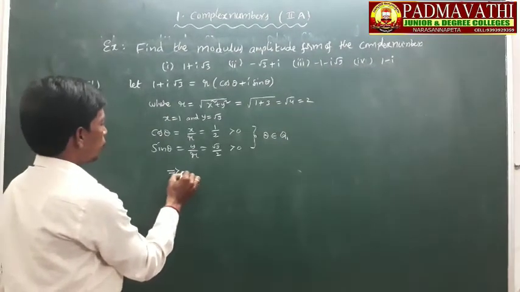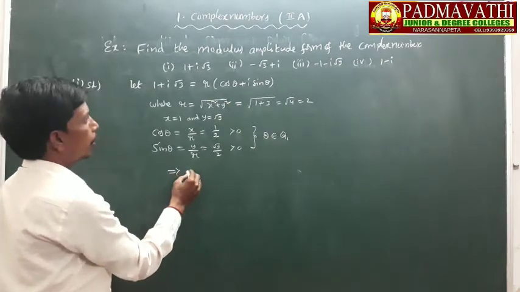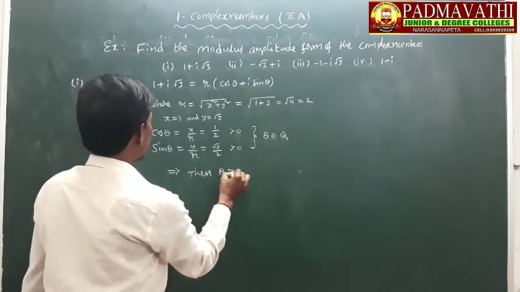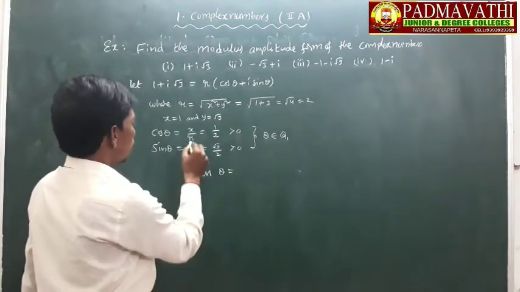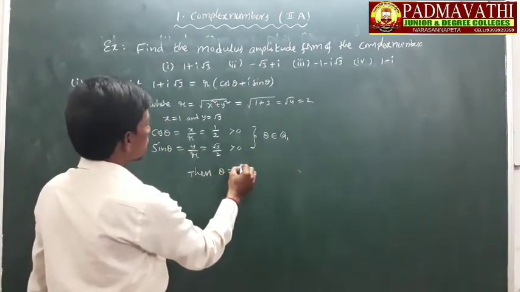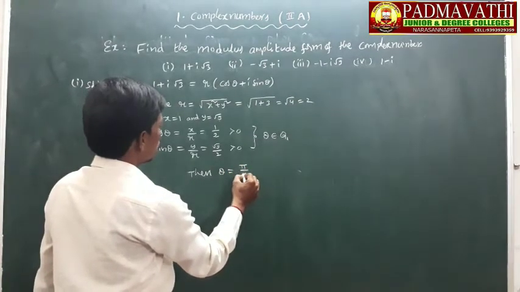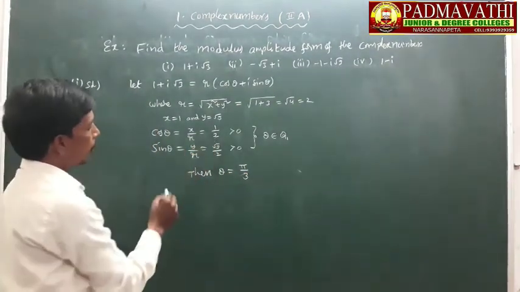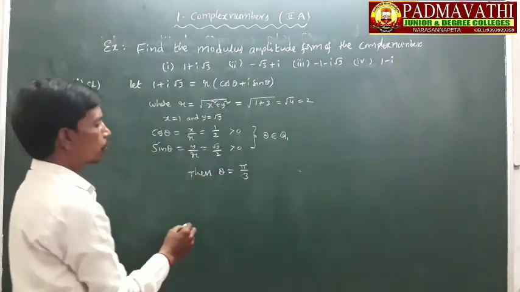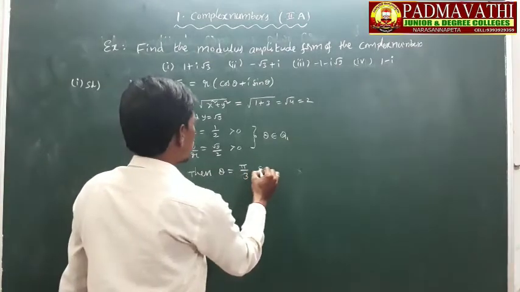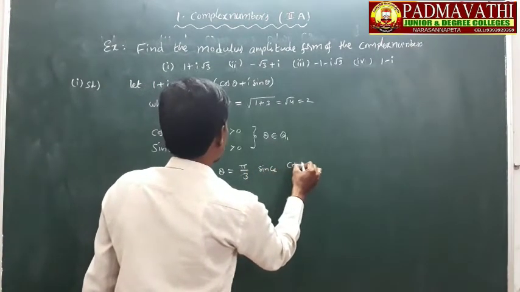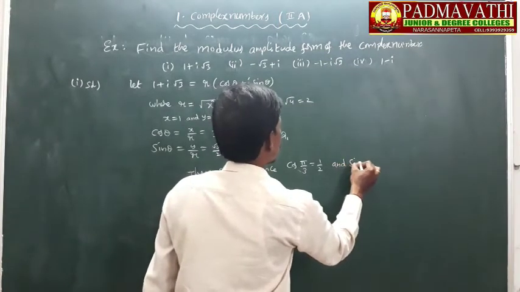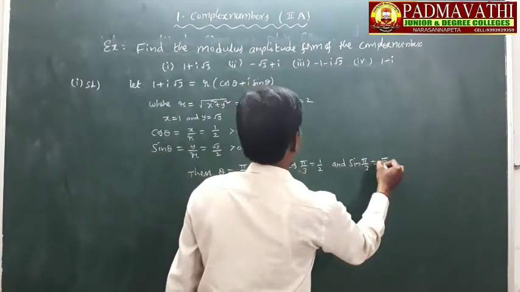So theta equal to the principal argument, since cos 60 equal to 1 by 2 and sin 60 equal to root 3 by 2.